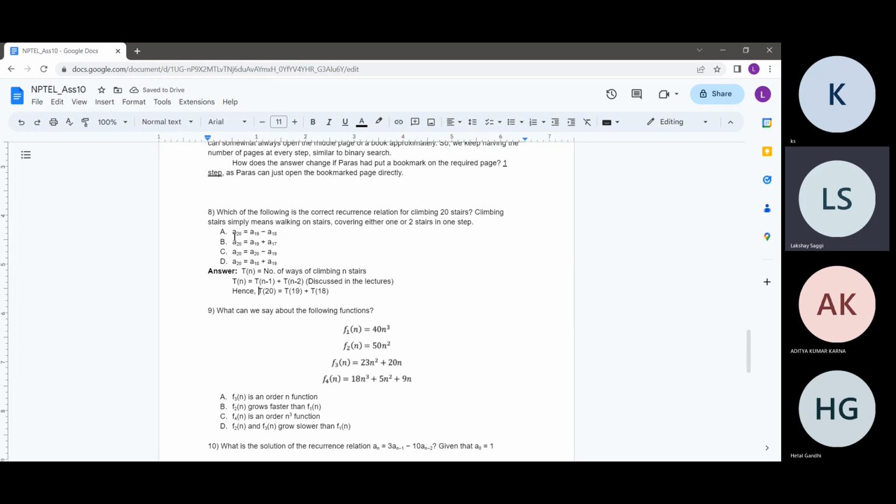So A20 is equal to A18 plus A19. They have written it the opposite way, A18 plus A19, but that is just A19 plus A18, right? So option D is correct.